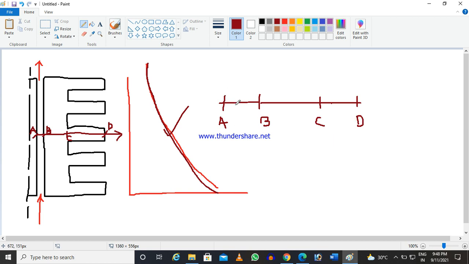So if we plot the liquid temperature here, it will be coming like this, and after here it is following another gradient, and after coming here it is following another gradient. Why so?